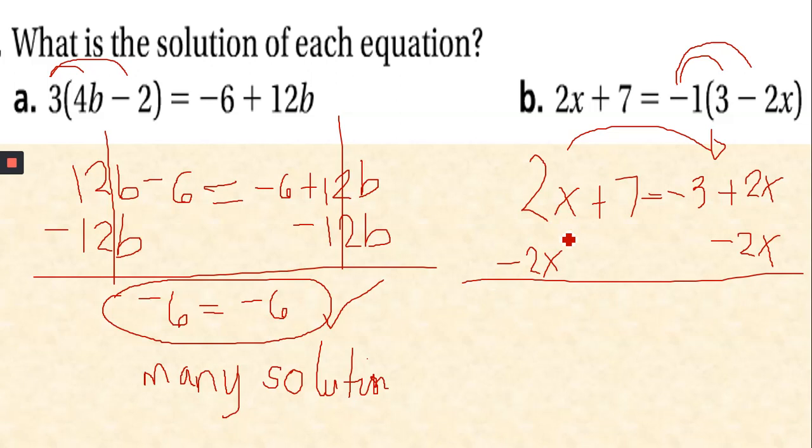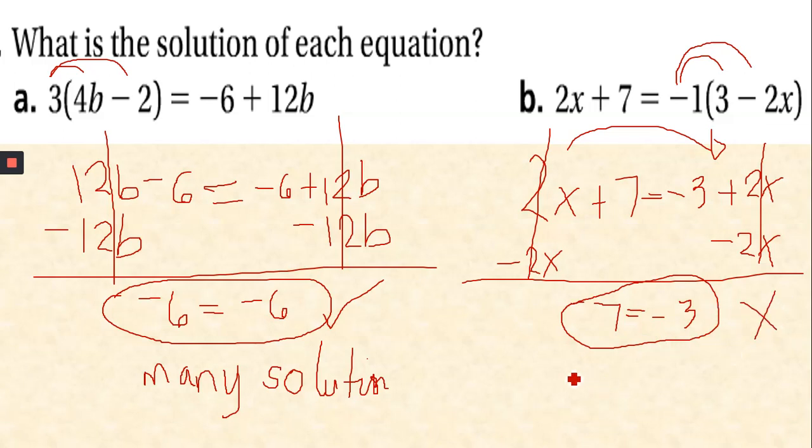So you now have 2x minus 2x, that will be 0. Bring down 7 is equal to negative 3. 2x plus negative 2x, that will be 0. No variables left. Is 7 equal to negative 3? No, they are not equal. Since they are not equal, therefore, the equation has no solution.